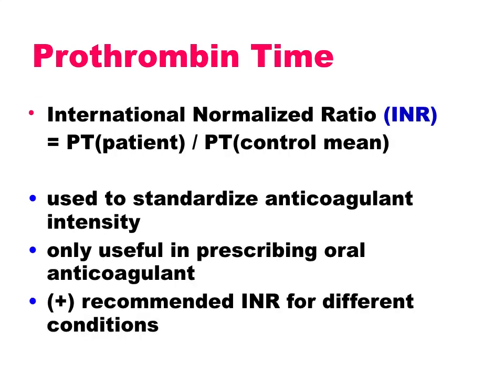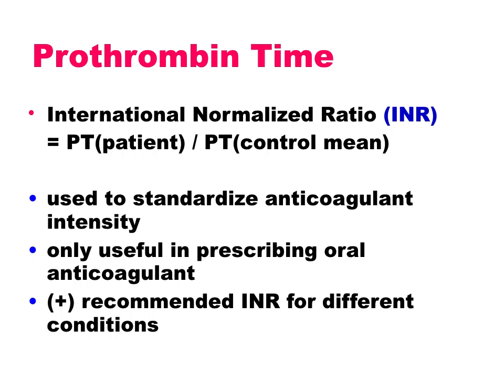When we request for prothrombin time, you will also be given the international normalized ratio, or the INR. This is the ratio between the PT of the patient and the PT of the control mean. It is used to standardize anticoagulant intensity.